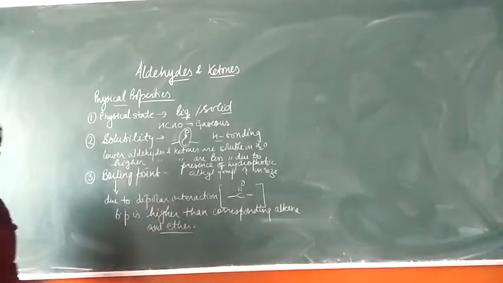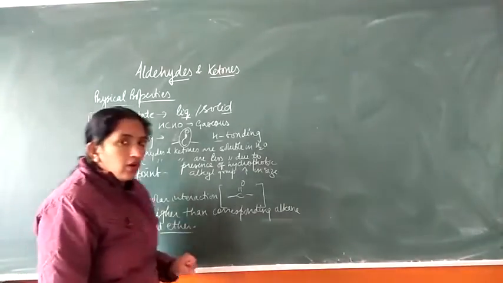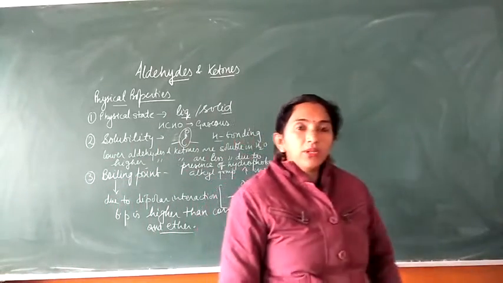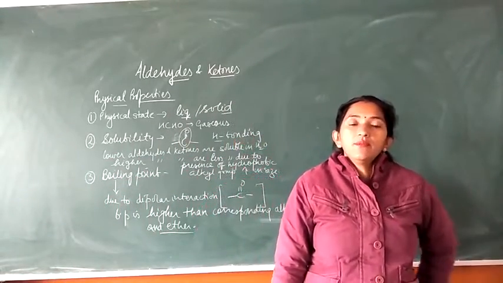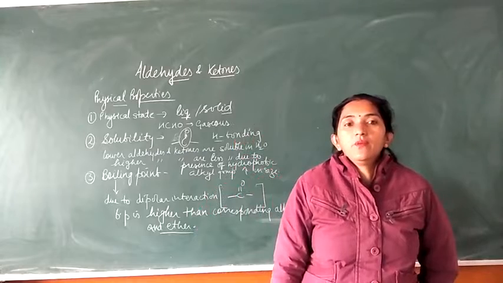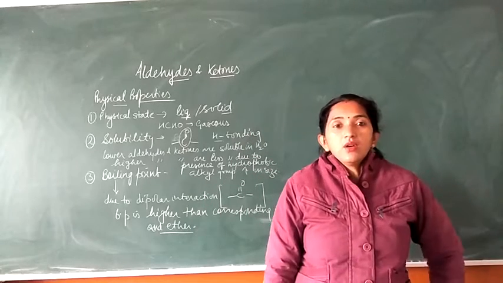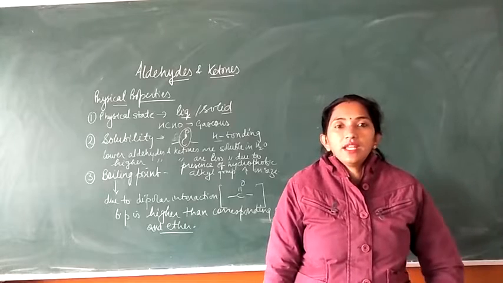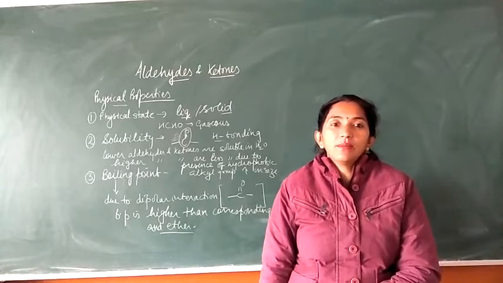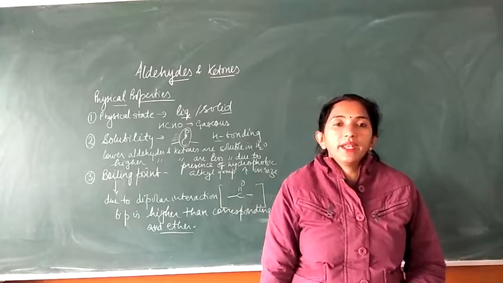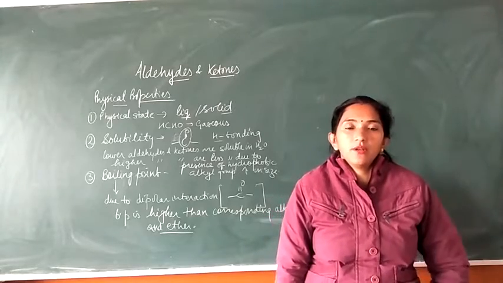But student, if we compare the boiling point of alcohol and the carbonyl compounds, that is aldehyde and ketone, the boiling point of alcohol will be more, as it forms intermolecular hydrogen bonding, whereas carbonyl compounds don't get associated with one another through intermolecular hydrogen bonds, right?